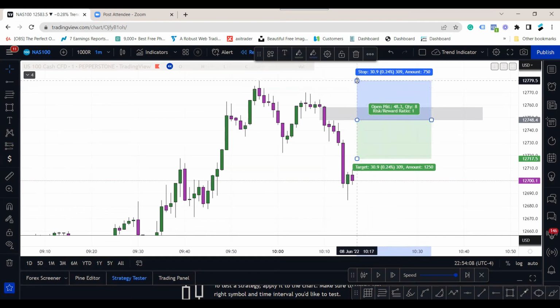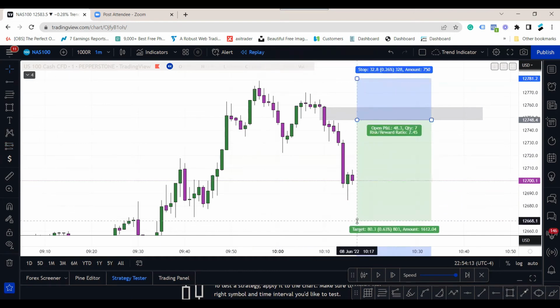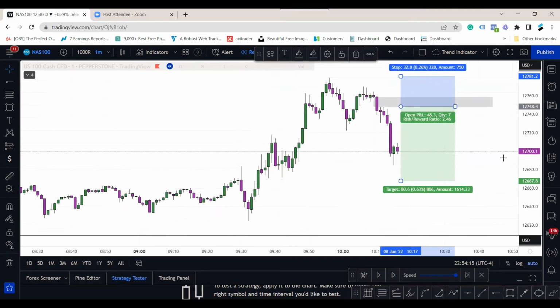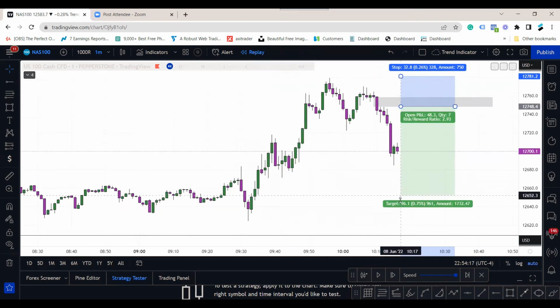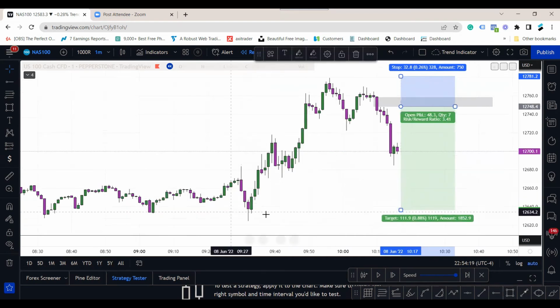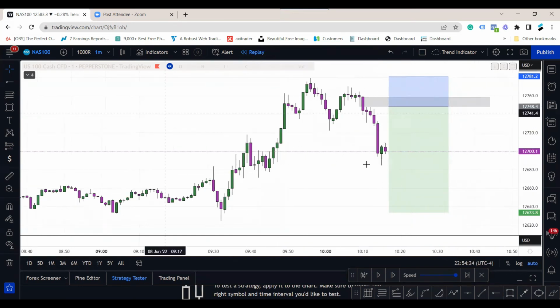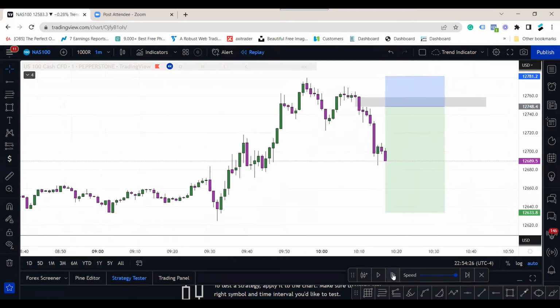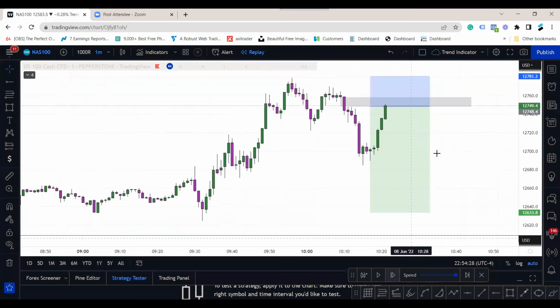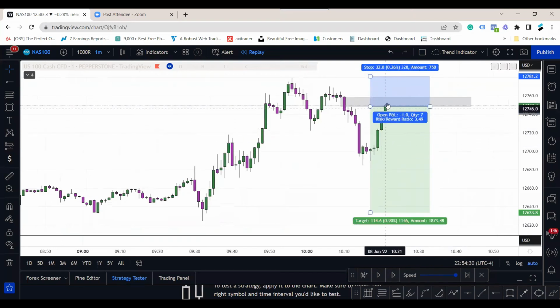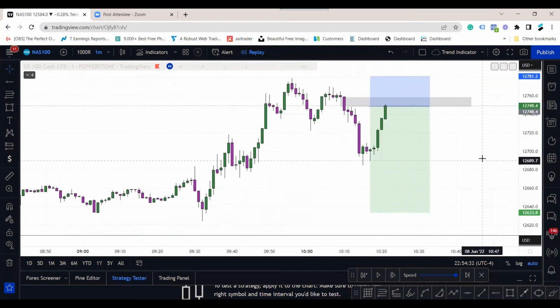So that is your entry. Your stop loss above this swing high. Then your target could be this one, this low. All right. Let's see, yeah. See? Price came up, triggered the sell limit.